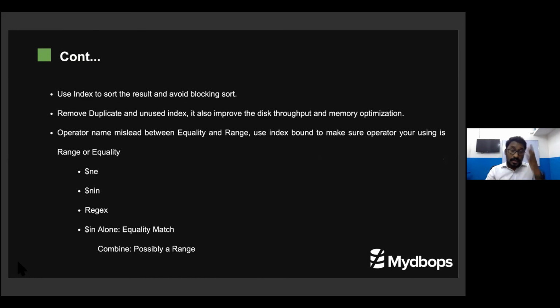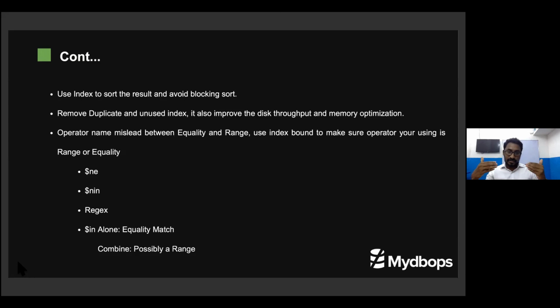And always use an index to sort the result and avoid blocking. We already saw it. And try to do your MongoDB audit very regularly and understand what is happening. I'm telling this point so that you can understand how the index usage is happening, which is the hottest collection, and how it is performing.